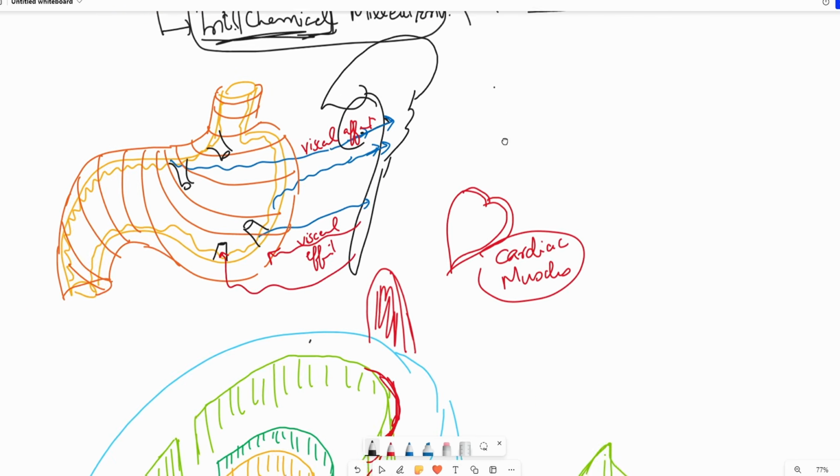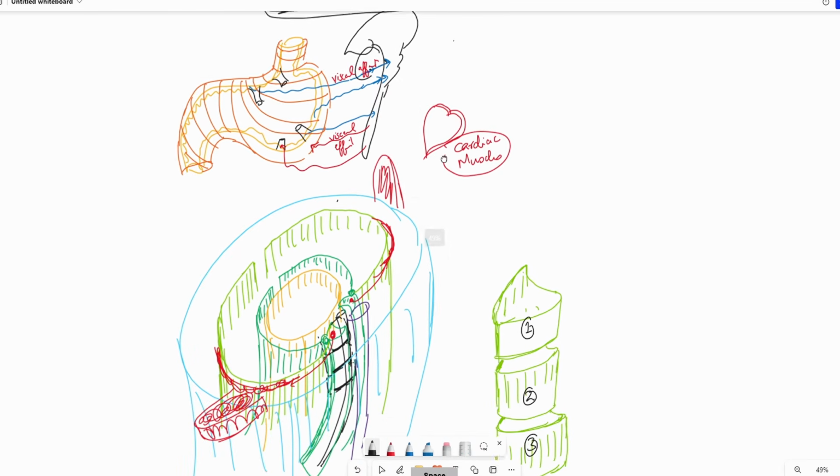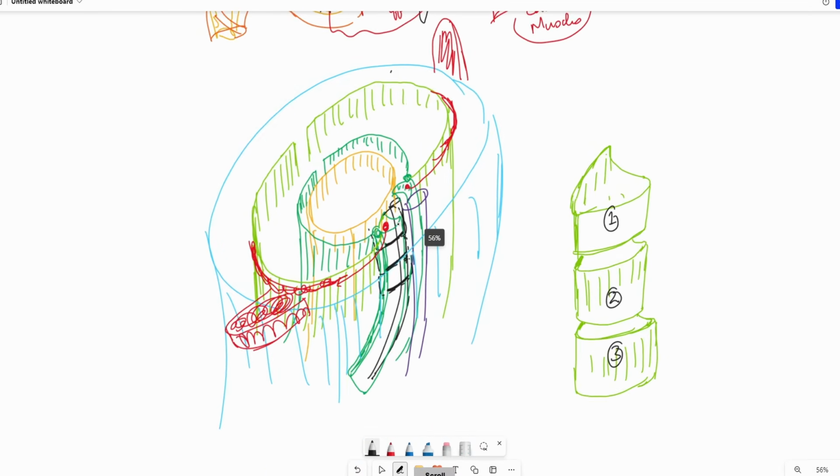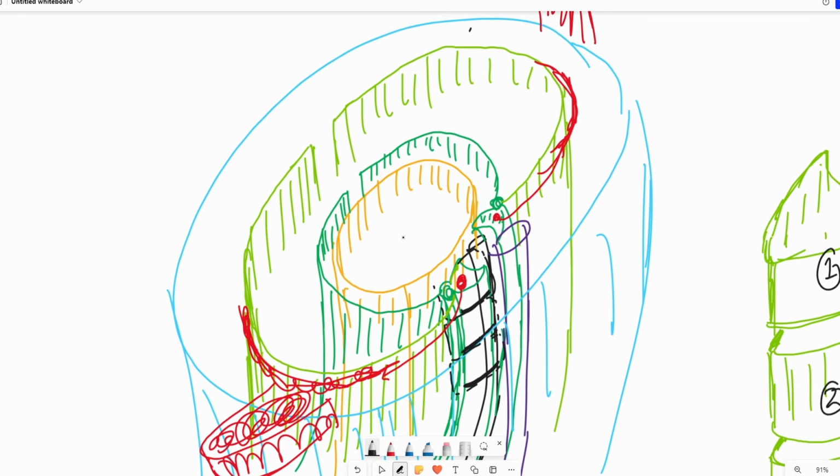And finally, one more thing about the embryological origin. If you focus here, this is the endoderm, which forms the GIT, and most of the viscera develop from endoderm. Along with endoderm, what is this?